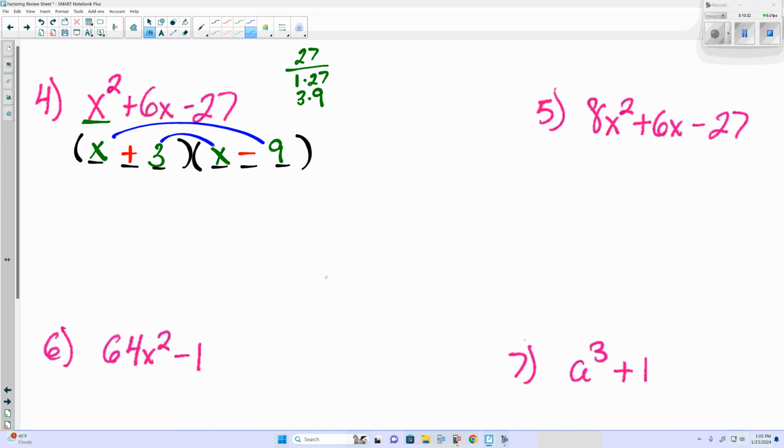And we can check this here. X times negative 9 would be negative 9x. 3 times x would be positive 3x. Negative 9x plus 3x is negative 6x. Since it is the correct number but wrong signs, we just need to flip the signs.